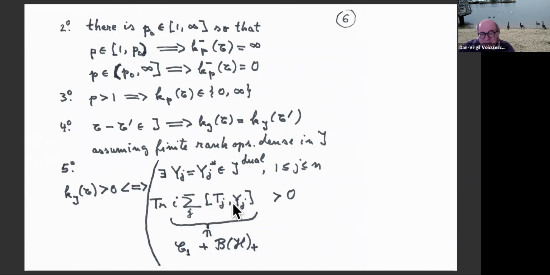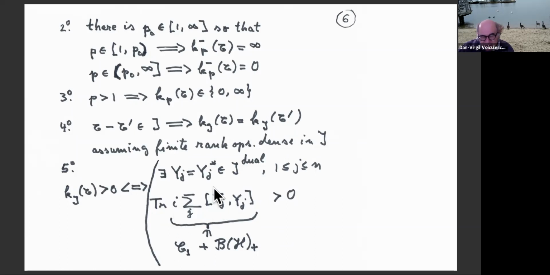sum of the commutators of Tj's with Yj is an operator with positive trace. This, as I've written here, is a Hermitian operator. So if the trace of the sum of commutators is strictly positive, then the Ki of tau is larger than 0.